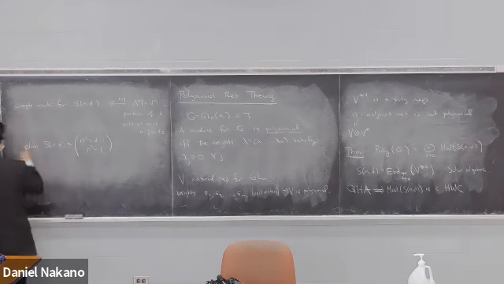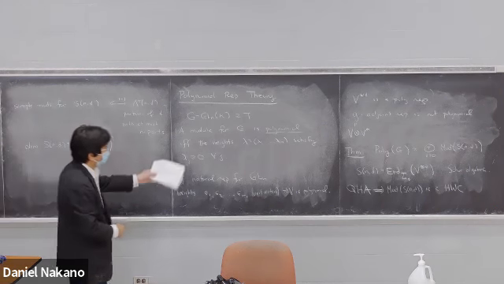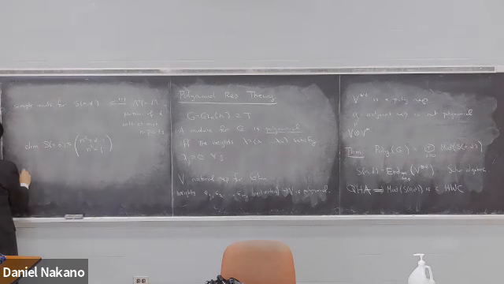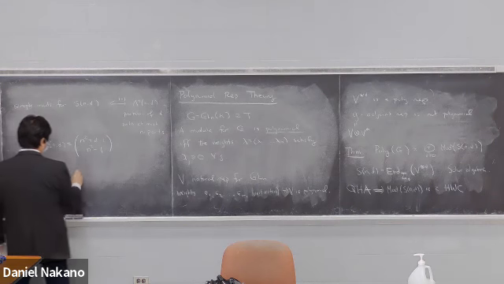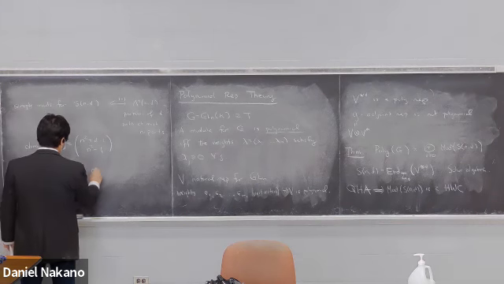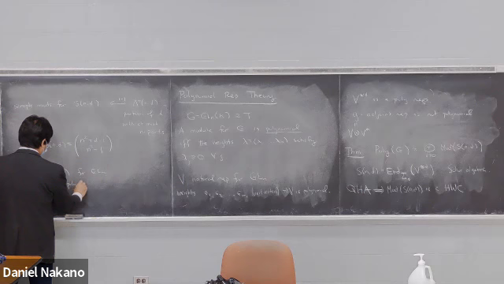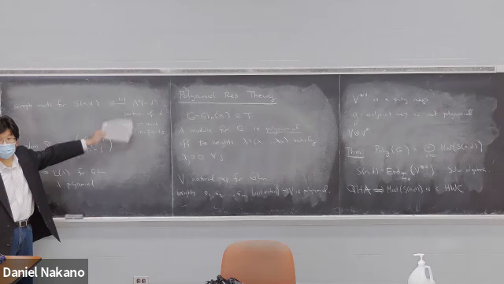The simple modules actually come from simple modules for GL_n. So the simples correspond to L(lambda) for GL_n, such that lambda is polynomial and satisfies the condition up here too.